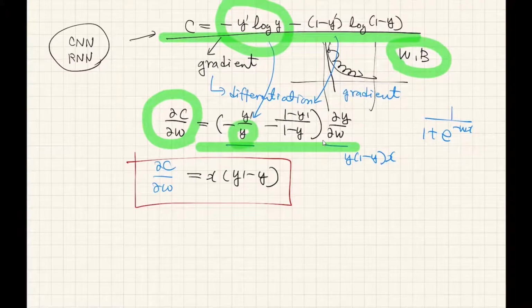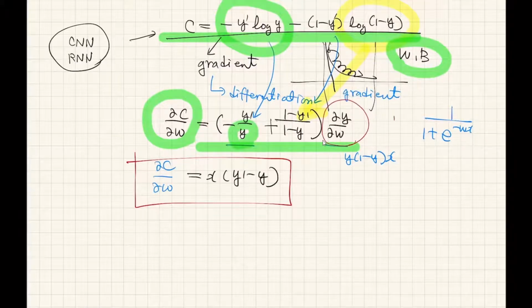And also we obtain the derivative of the second term. Because of the partial derivative, we also have to differentiate y with respect to w.